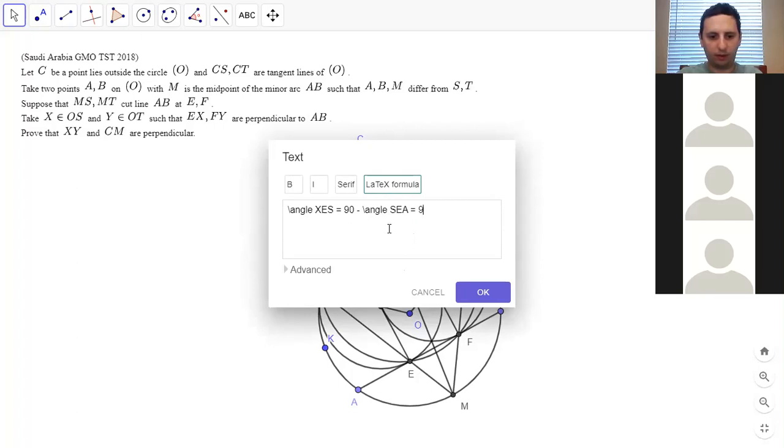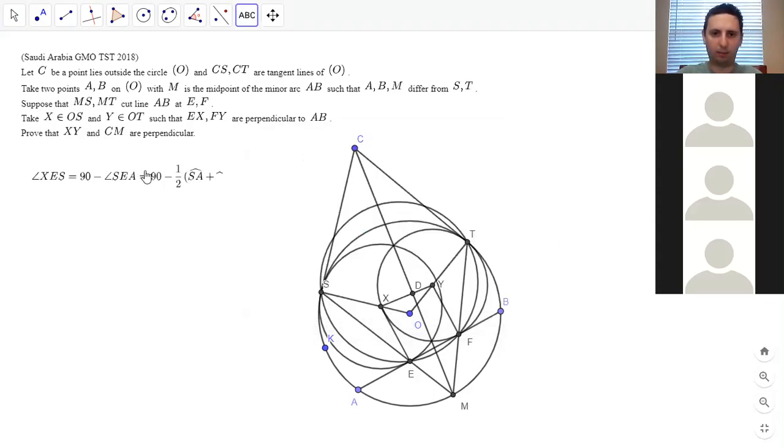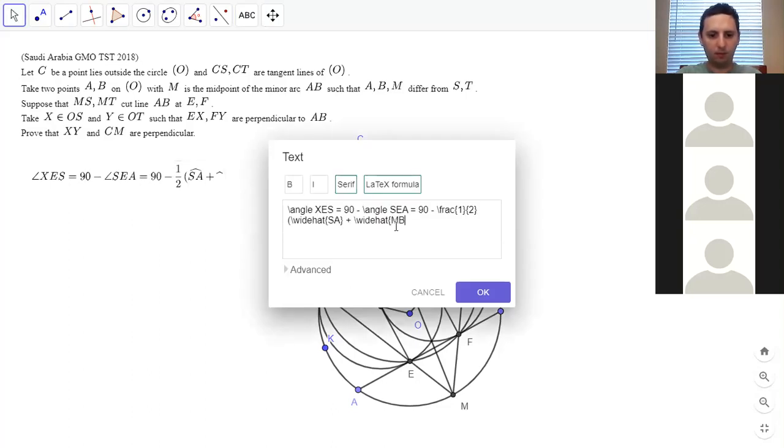Which is 90 minus half of arc SA plus MB.